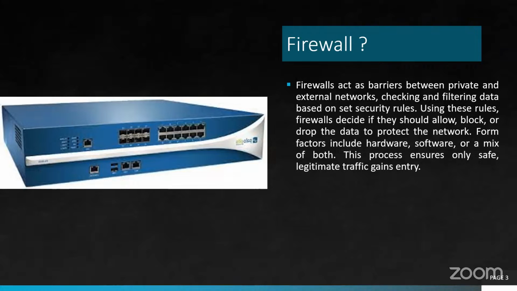A firewall is a network device used for packet filtering and to prevent unauthorized access. We can set rules and allow some sort of traffic, deciding which traffic should enter our network. That can be done with the help of a firewall.